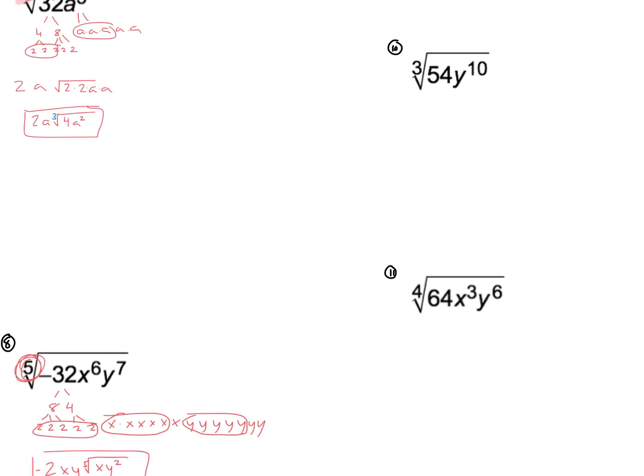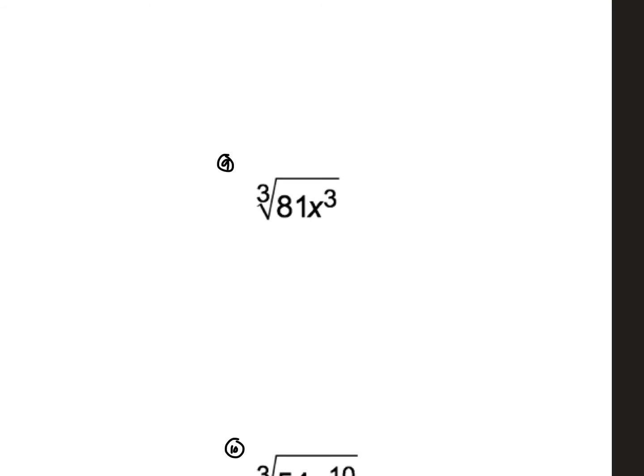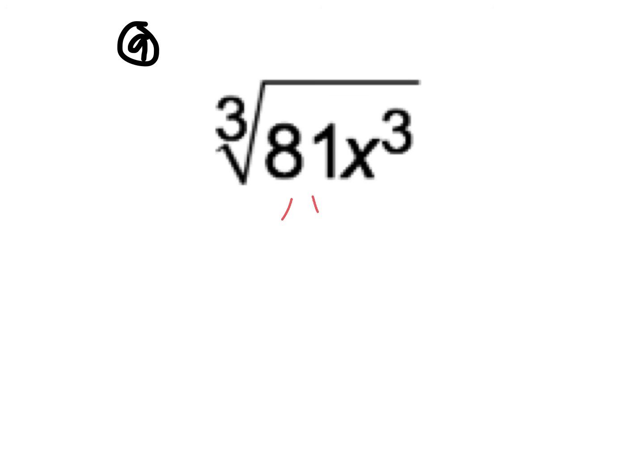All right. Number 9. So what can we break 81 down into? 9 and 9. And then 9 gets broken down into 3 and 3. And then how many x's do we have? 3.